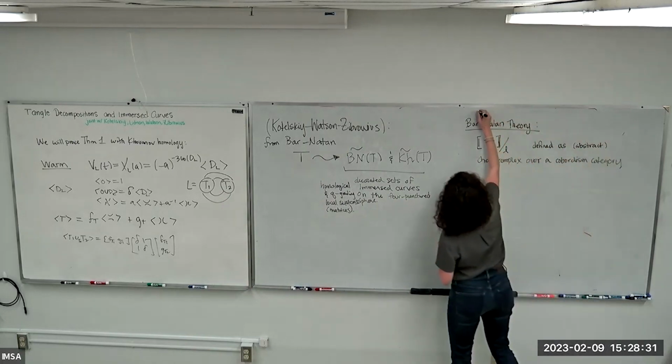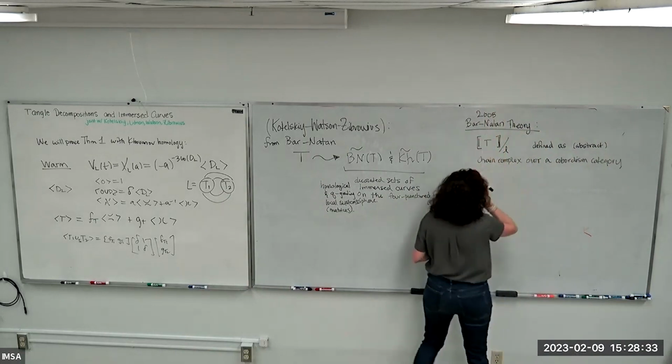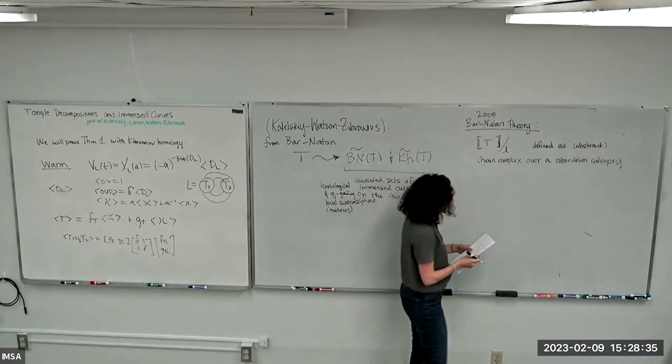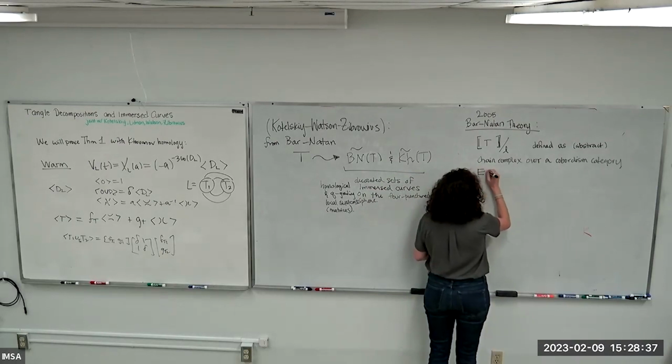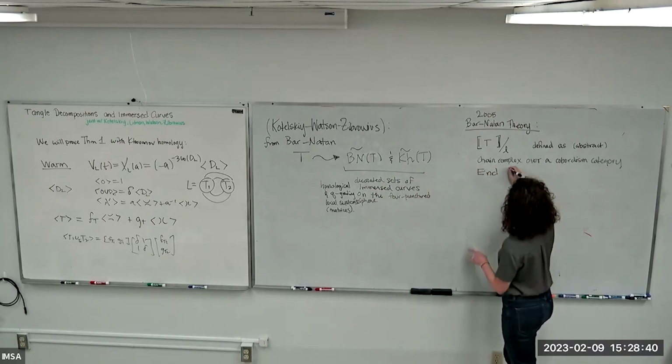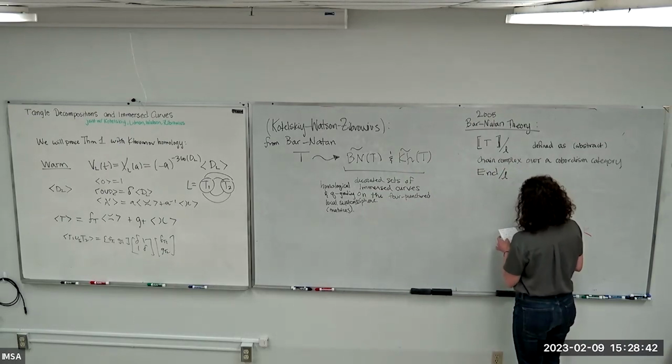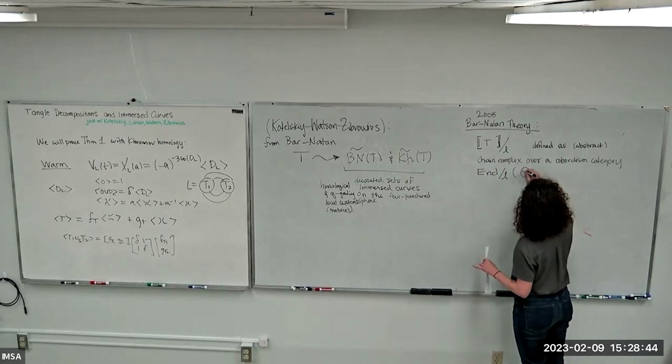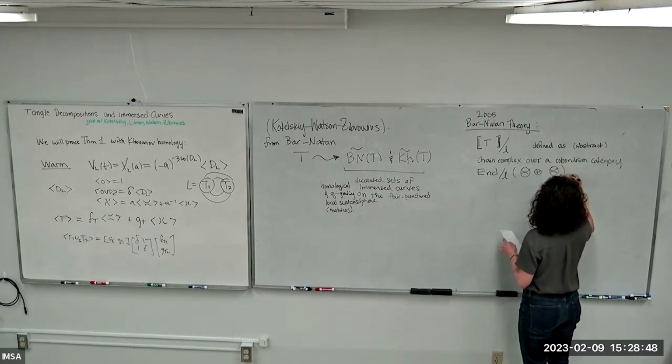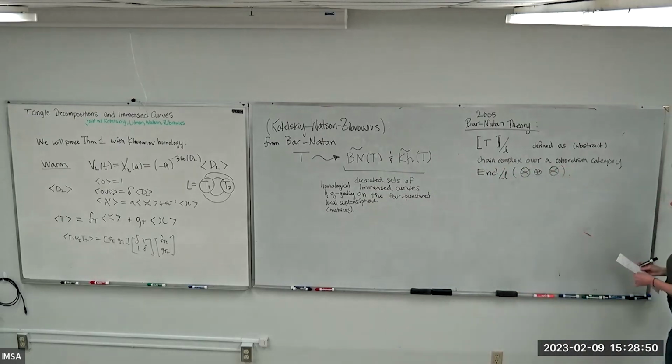This is from Bar-Natan's 2005 paper. So that cobordism category is in endomorphisms, modulo these local relations, or a subcategory of this.